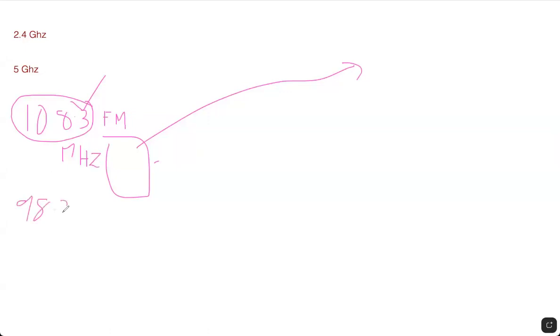There are different channels that they send the signals on. So what you will do is you will have a receiver. You will tune your receiver to that frequency so that this signal will be caught by your receiver at that specific frequency. So you are tuning your receiver to listen on that specific frequency. Similarly, wireless works on 2.4 gigahertz and 5 gigahertz. That's where the antenna is sending the signal.